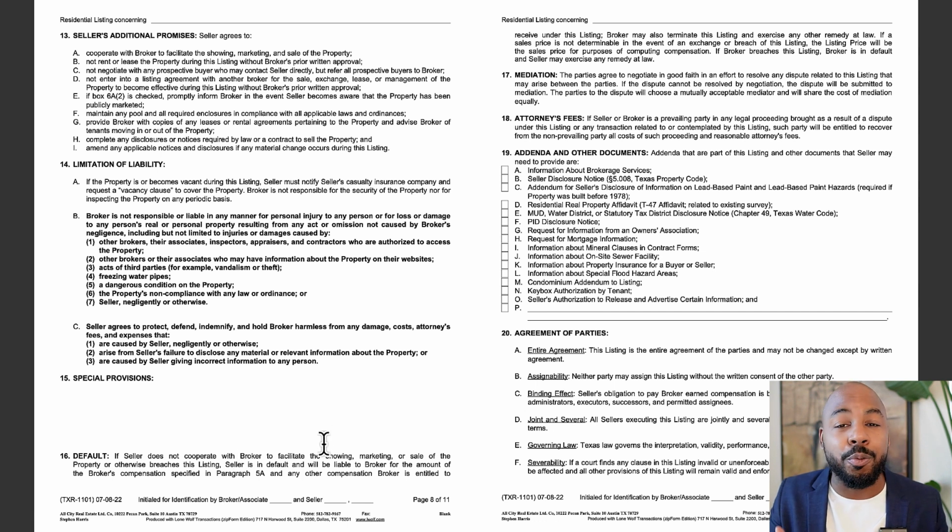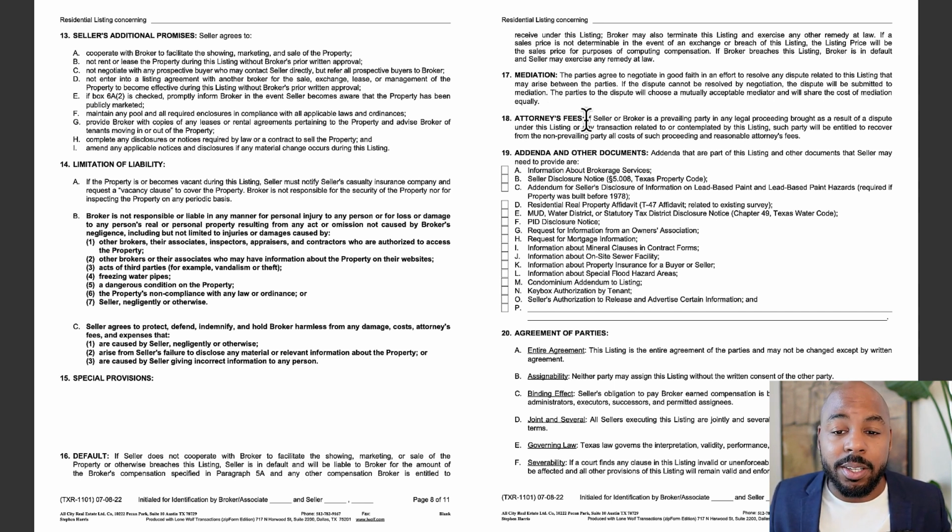So if we can't work together and play nice, something happens, then we are still going to be due compensation via the commission that we spoke about earlier. This section says that we will try to mediate before we litigate. So we'll try to come to terms on things if you and the brokerage have an issue, or if you and the buyer have an issue. We'll always try to talk through it, work through it the best we can before we go to court.